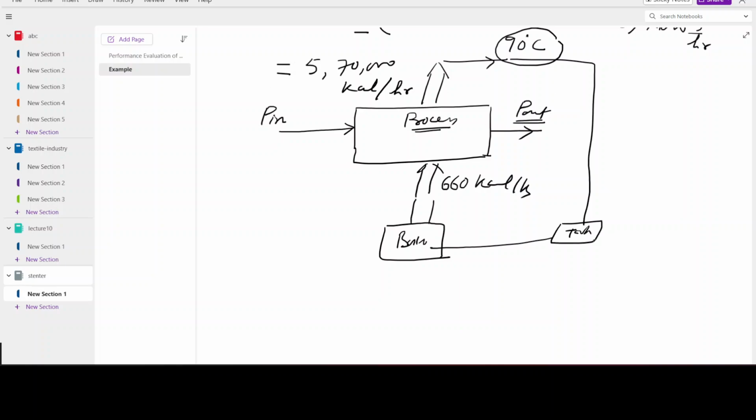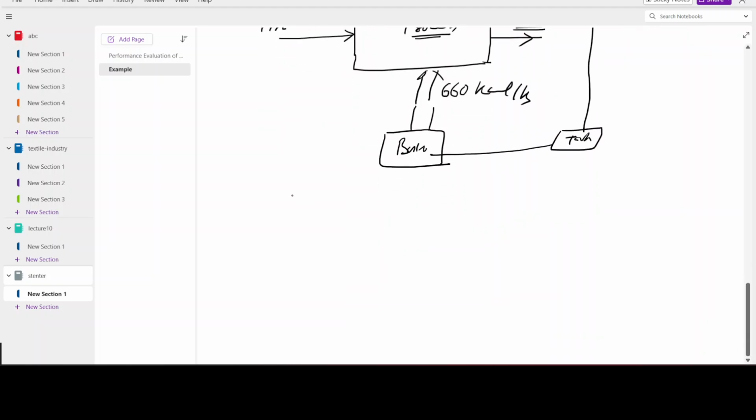So this is the brief representation of both the systems.